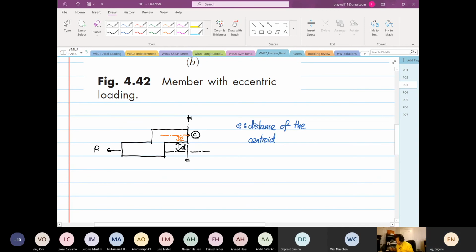So for this case, we know the moment in Z. So this is our translation in X, Y, and this is rotation in Z. We know that C is our fixed point.